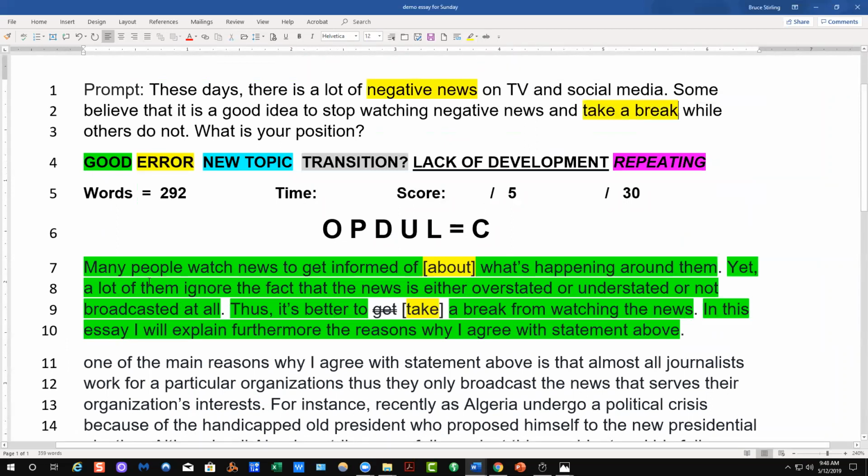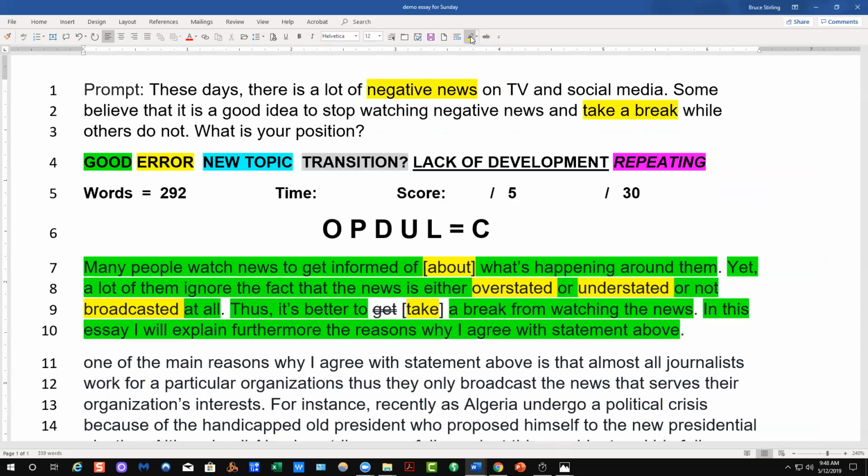Now, this writer talks about overstated news, which means repeating it too many times. It's just emphasizing it too much, like repeating, I don't know, something stupid Donald Trump said, right? Or understated, not stated enough. Or it's not broadcasted at all.